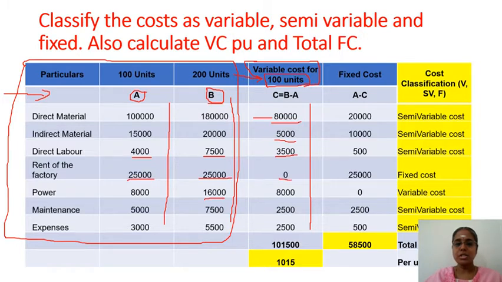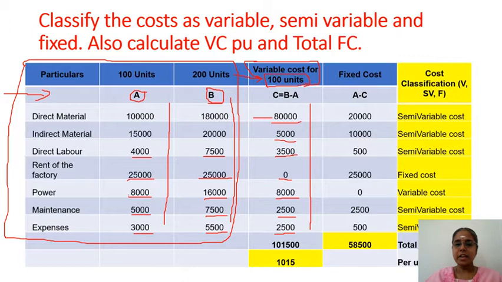Power cost, 16,000 minus 8,000, so it is 8,000 for 100 units. Maintenance cost is 7,500 minus 5,000, 2,500 for 100 units. Then expenses, 5,500 minus 3,000, 2,500 for 100 units. So this is the variable component for the particulars given in the first column.